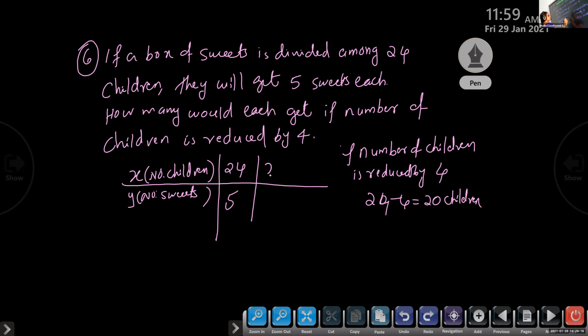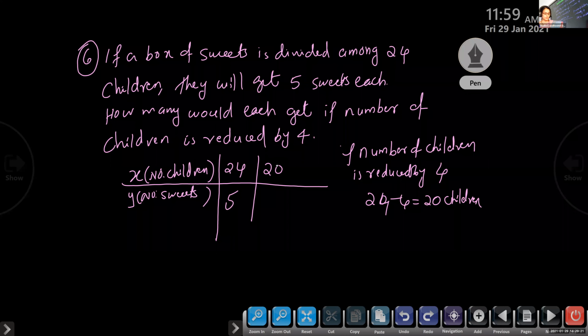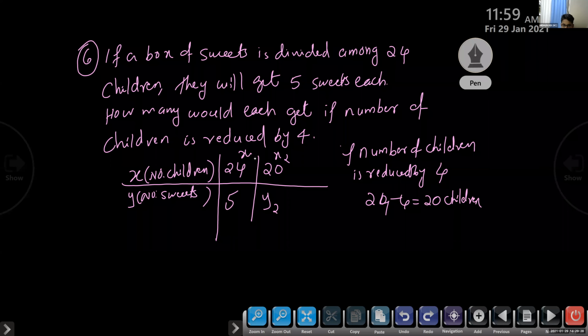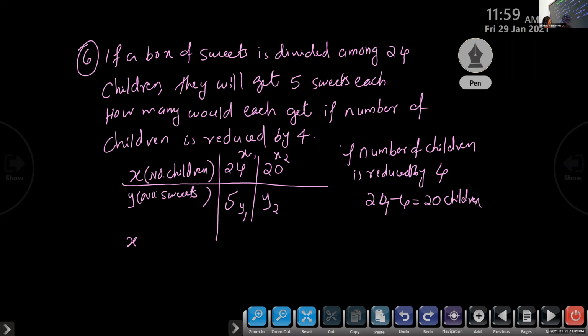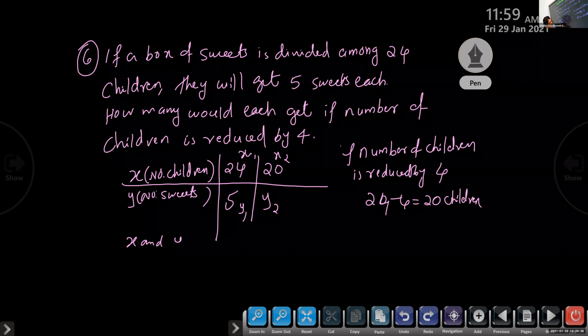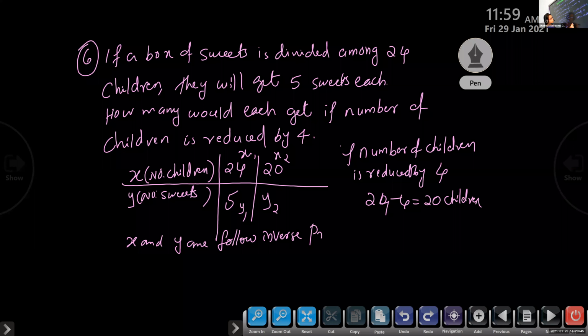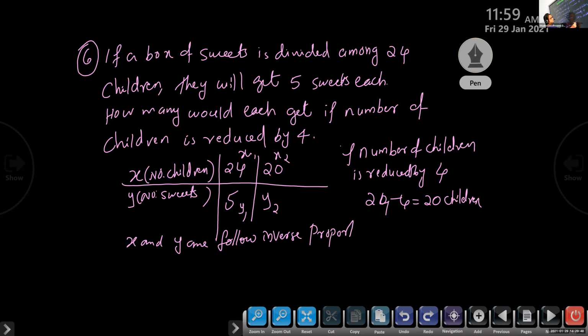So the number of children is 20 and the number of sweets is y2. x1, x2, y1, y2. Here x and y follow inverse proportion.